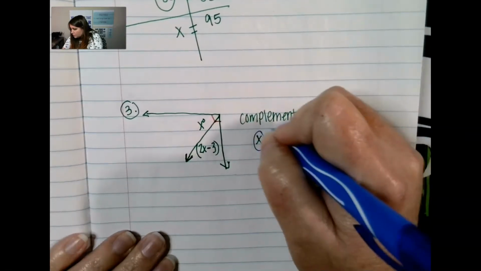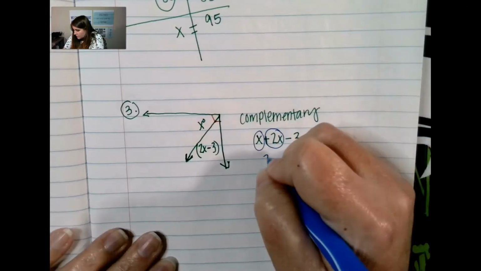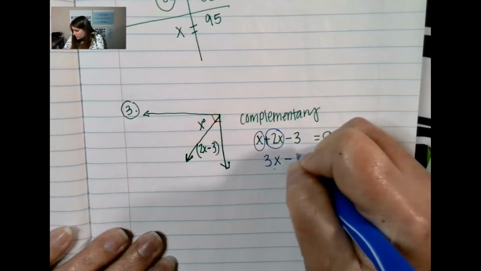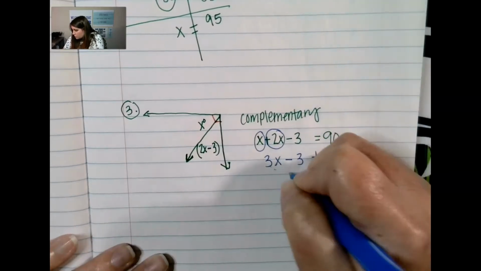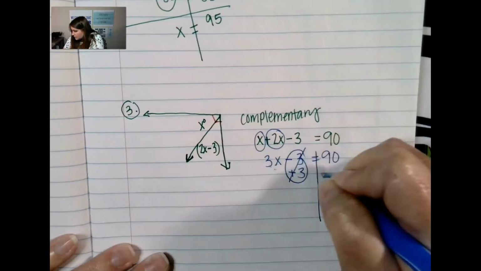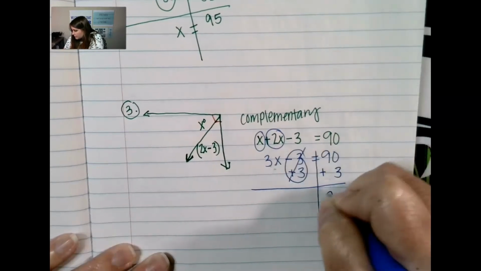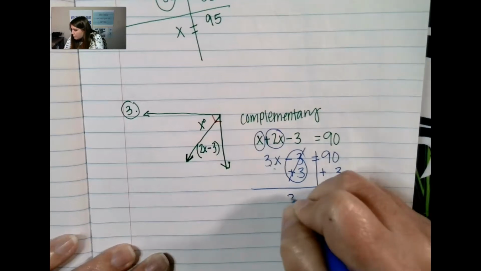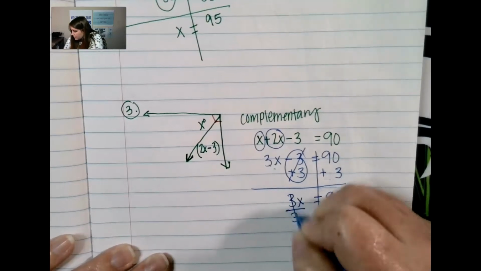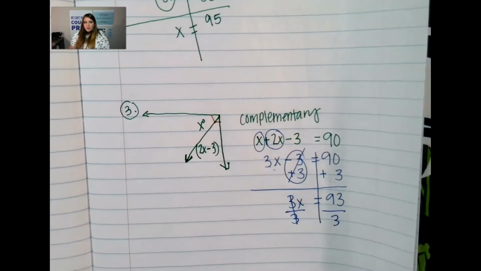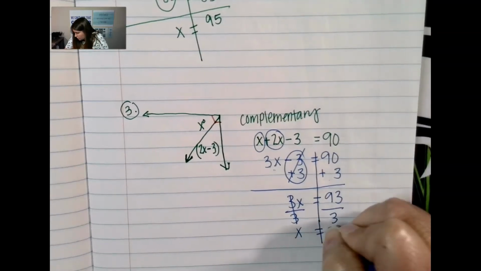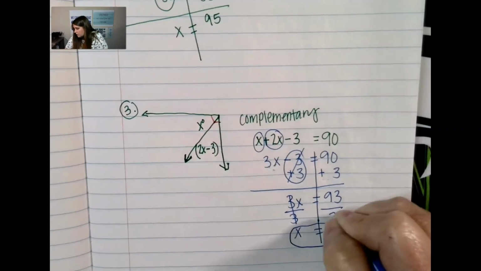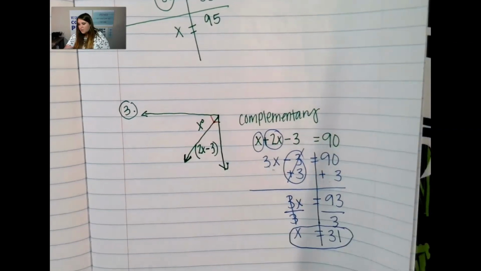So x and 2x gives me 3x minus 3 equals 90. And now I'm going to do the opposite. That cancels. That gives me 93. And 3x, divide by 3, divide by 3. So x equals 31 degrees. Whew. Man, I wasted a lot of paper right there.